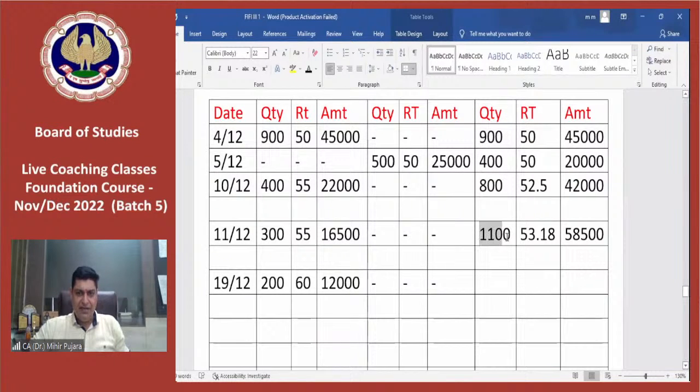So 1100 plus 200 is 1300, and 58,200 plus 12,000 is 70,500. That is 54.23. Perfect.